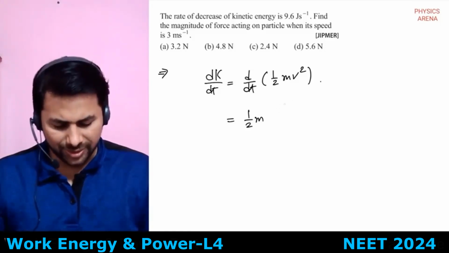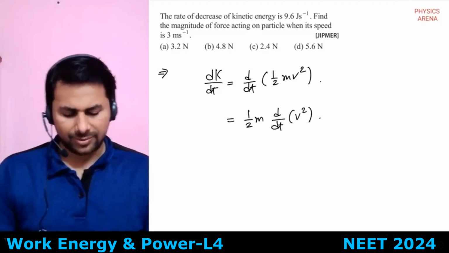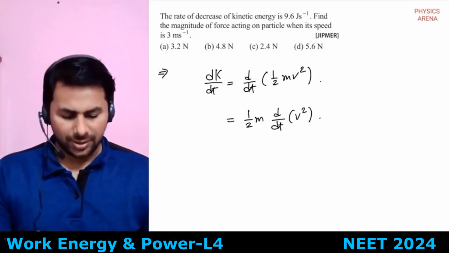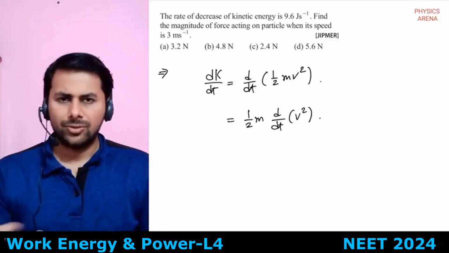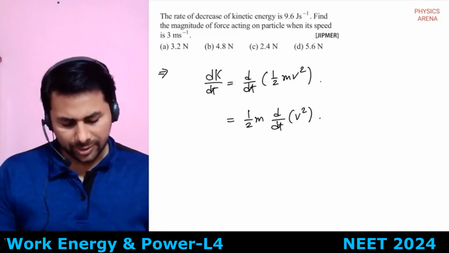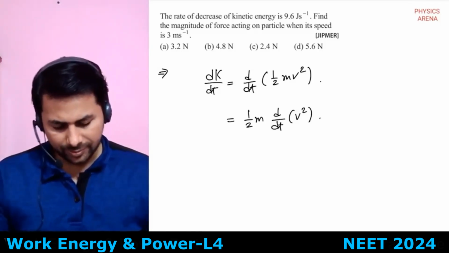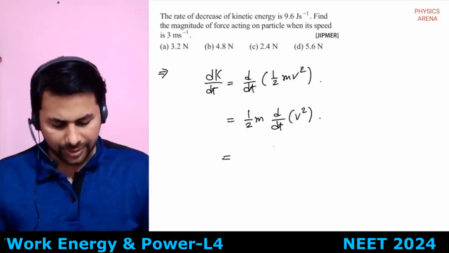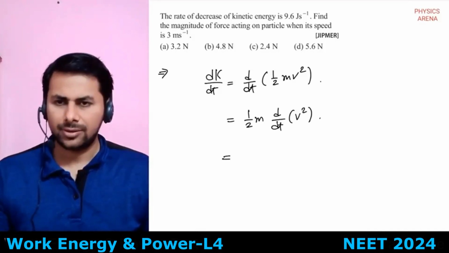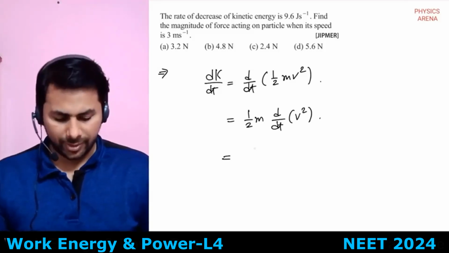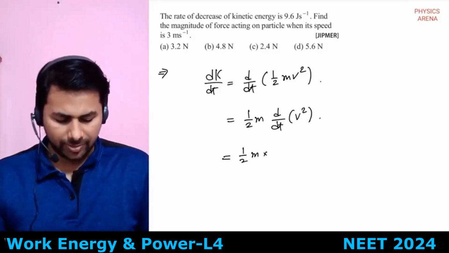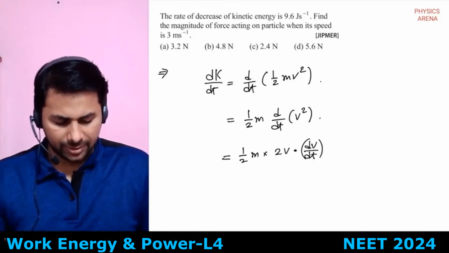Okay, so how do we do this? It is d by dt of v square. So we can say it is 2v times dv by dt, right? So it is half m multiplied by 2v times dv by dt.